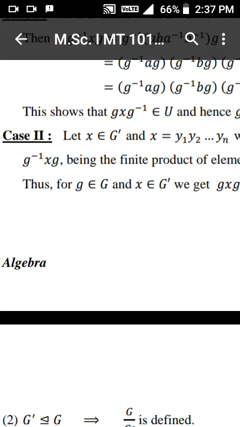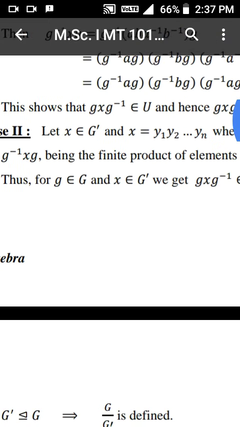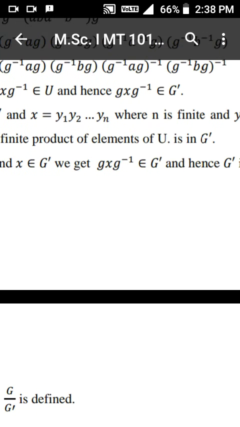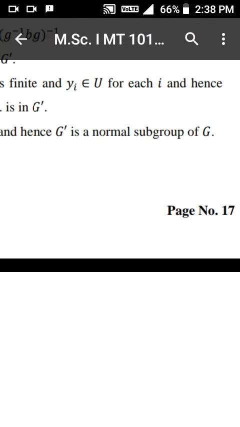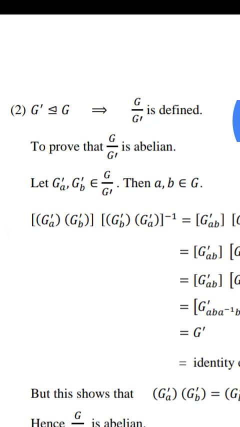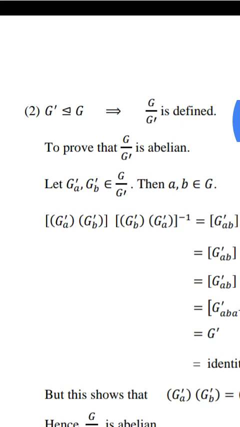Thus, for g belonging to G and x belonging to G dash, we get g x g inverse belongs to G dash, and hence G dash is a normal subgroup of G.